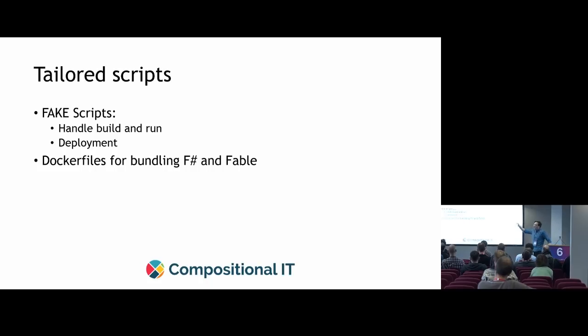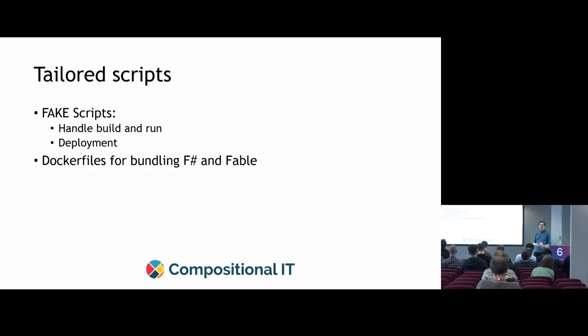Throughout the dotnet new lifecycle, it creates all the required templates that you need. So you'll get a FAKE script to handle your local development and also your CI server. That can do things like build and run, setting up all of your hot reloading, and it also includes things like deployment as well.